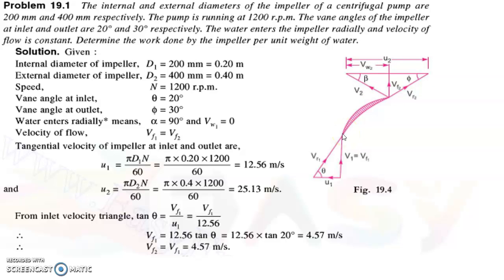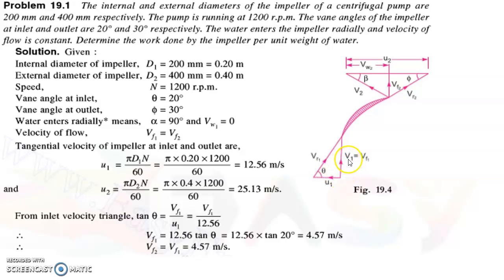The entry is radial, so this is the angle alpha, that is 90 degree, and this is V1, the absolute velocity at inlet, and relative velocity VR1. This is a backward curved vane which is moving in this direction, so we have drawn U1, the tangential velocity in this direction, and the angle of VR1 with U1 is theta, that is the vane angle.